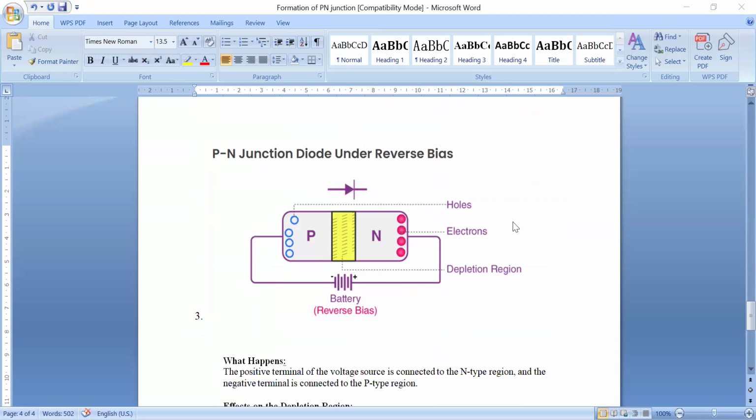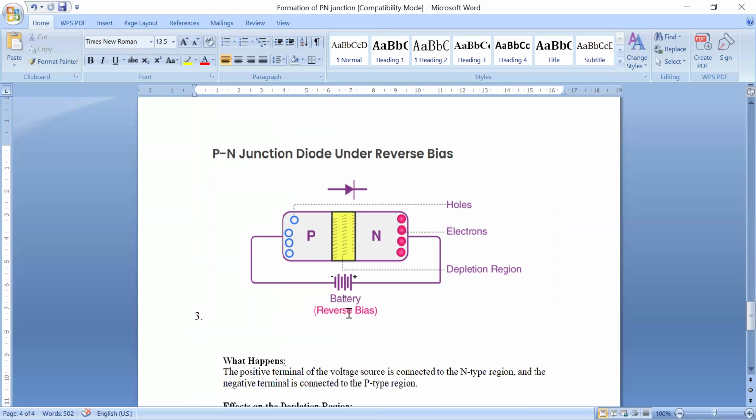In the reverse bias, the positive terminal of the battery is connected to the N-type region, and the negative terminal of the battery is connected to the P-type region.